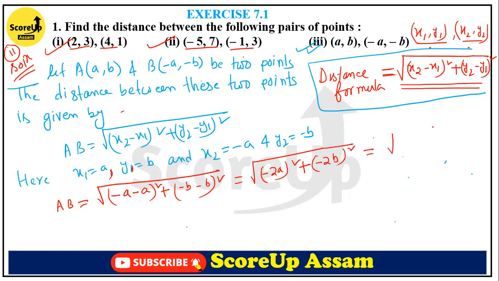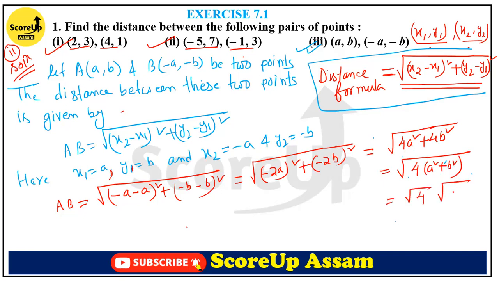Ultimately it will be 4a square plus 4b square. So we can take common 4, a square plus b square. So we can write like this: root over 4 into root over a square plus b square. That means 2 root over a square plus b square.